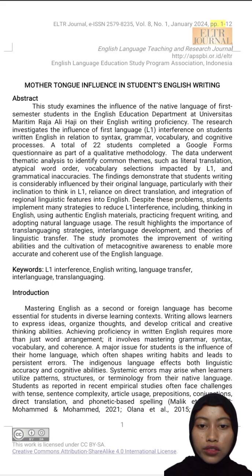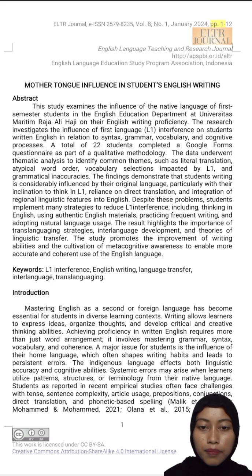Students also shared strategies to reduce first language interference, such as thinking in English, reading English texts, practicing writing, and using natural expression. Overall, the study emphasized that understanding first language influence and using strategies like translanguaging can help improve writing skills.